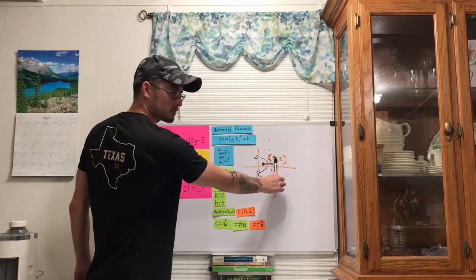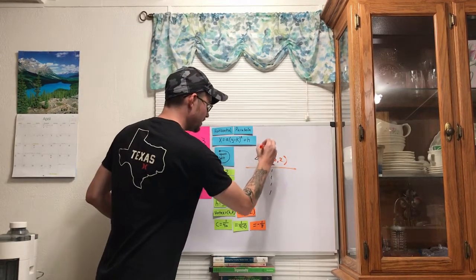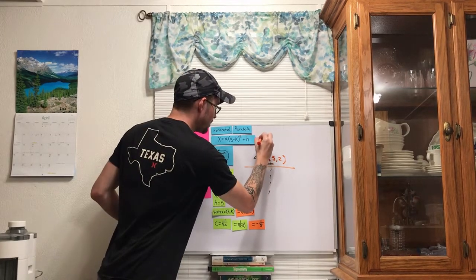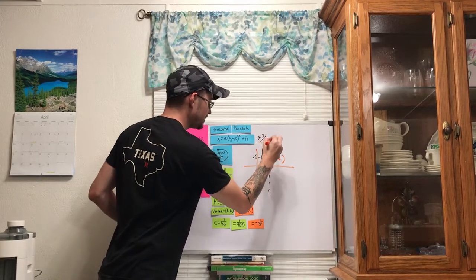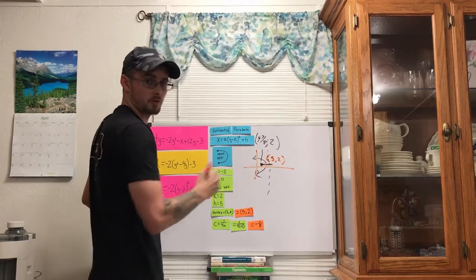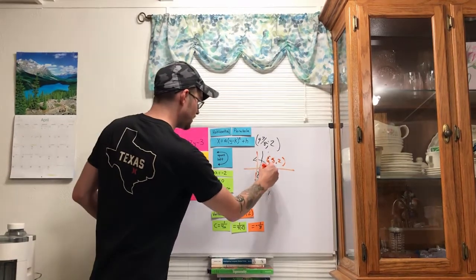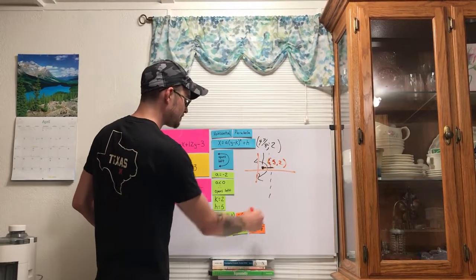So 5 minus 1/8 gives us 4 7/8. So right there, we know our focus is (4 7/8, 2). The y value didn't change, just the x value, our left and right horizontal values. The other value we can get from this is going to be our directrix right here.